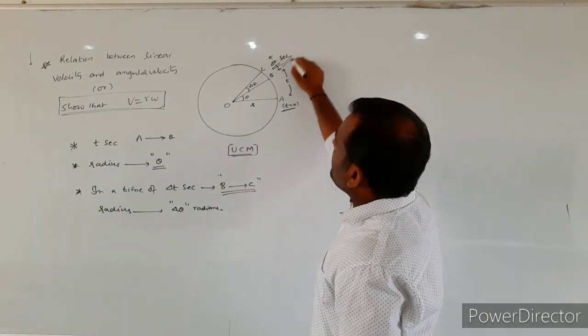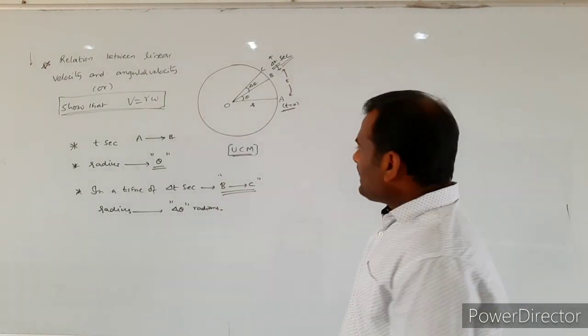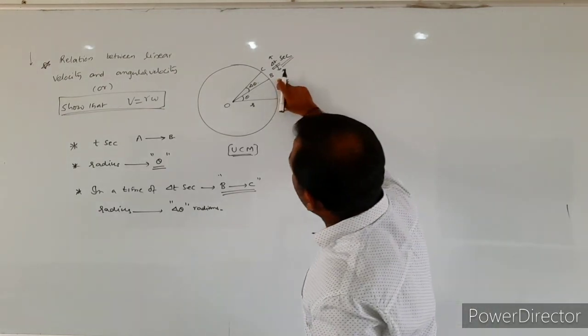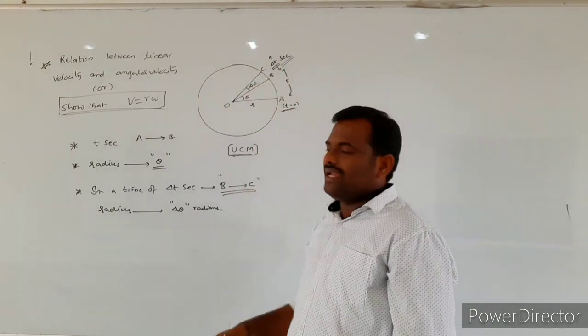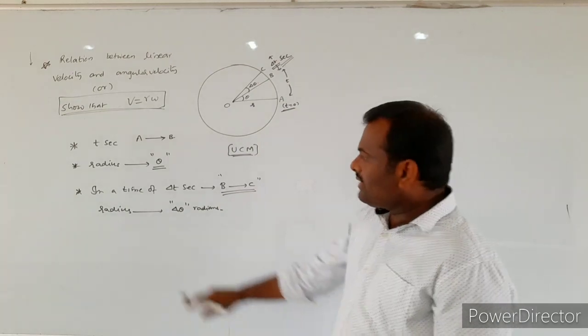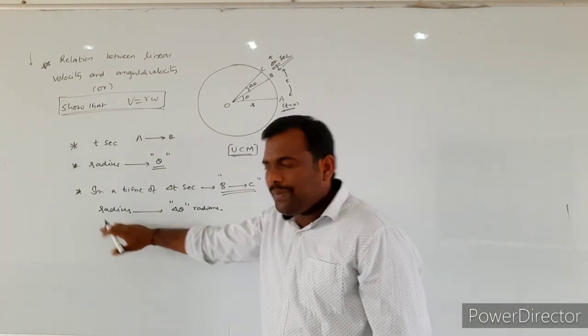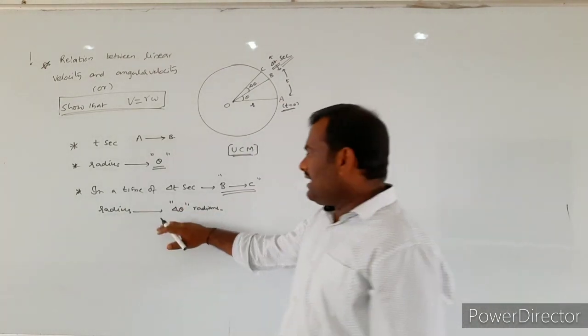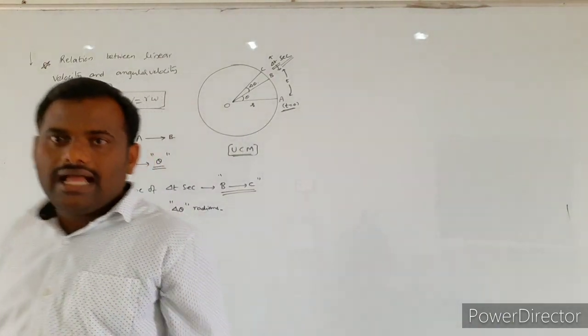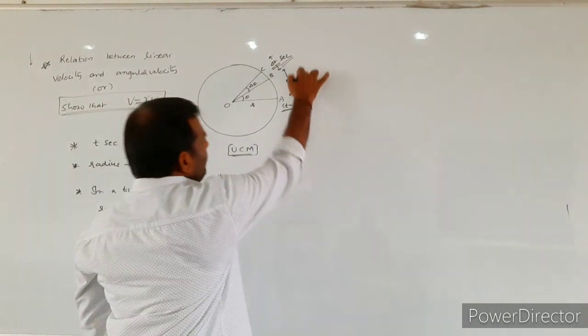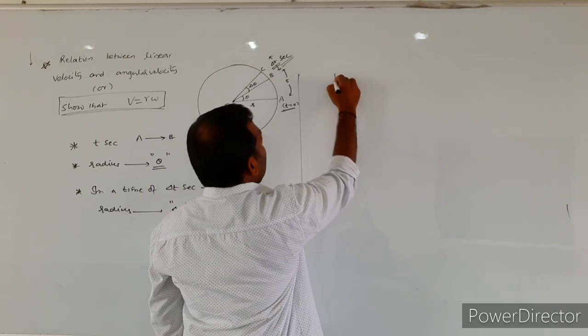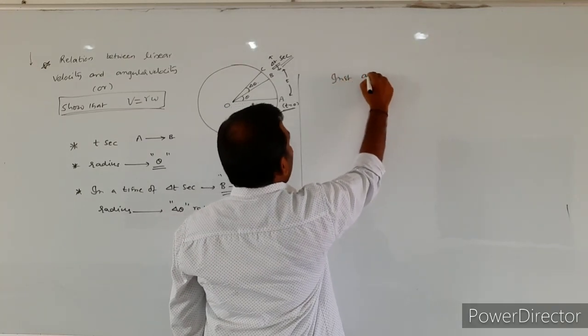In the same time interval delta t, the radius vector rotates by delta theta radians.